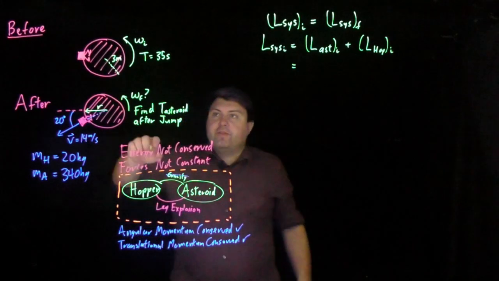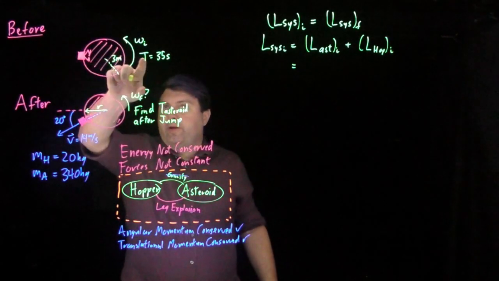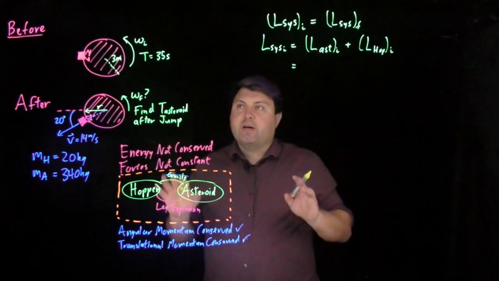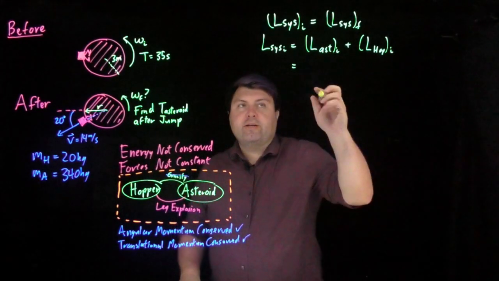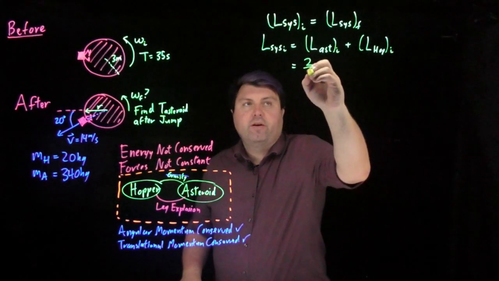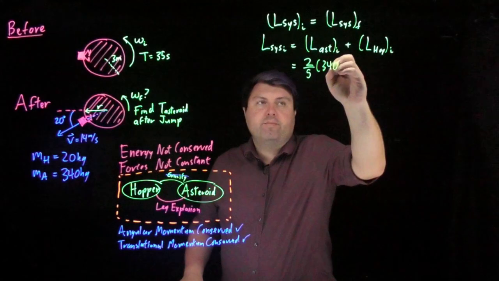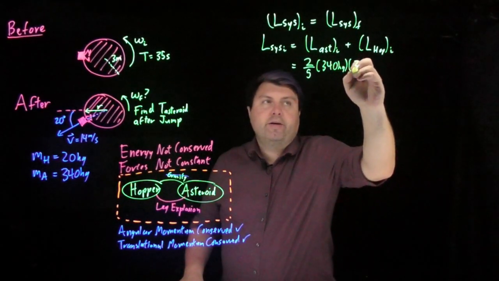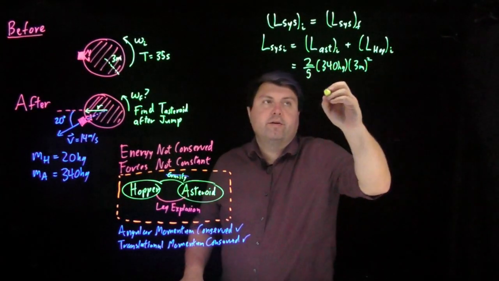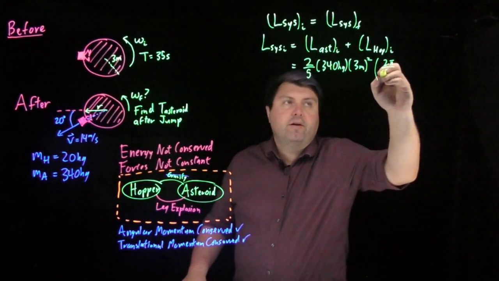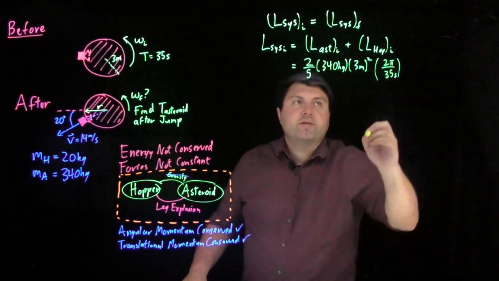These two are both rotating with the same period, the same omega, so it's equal to I times omega. The I of our asteroid is that of a sphere, 2/5 m r squared: 340 kilograms, 3 meters squared, times our omega, which is 2 pi over 35 seconds.